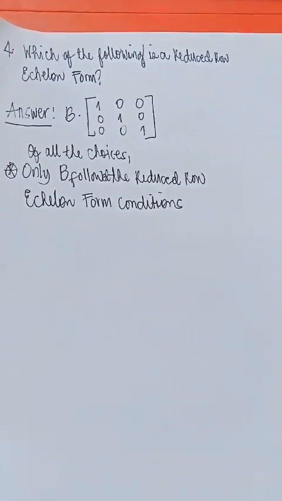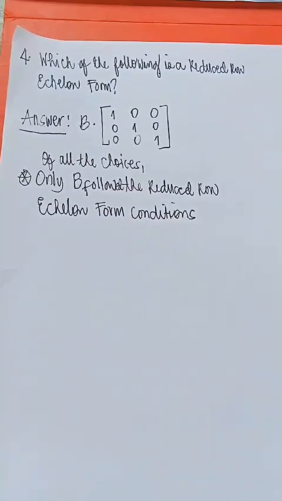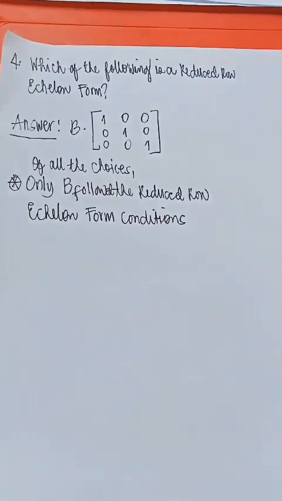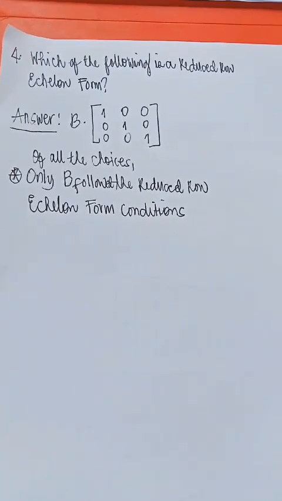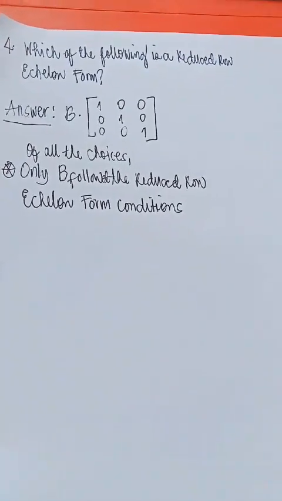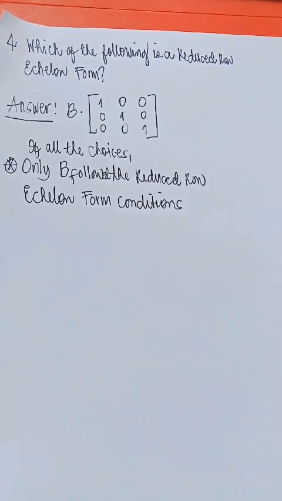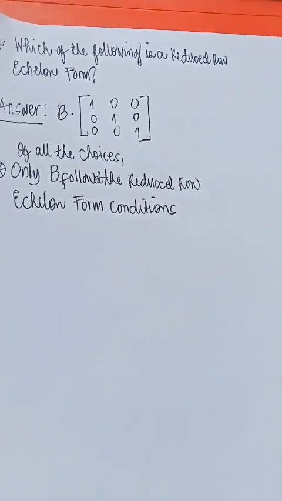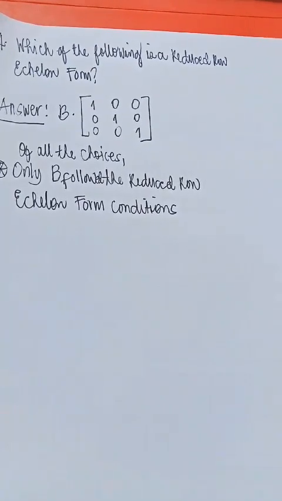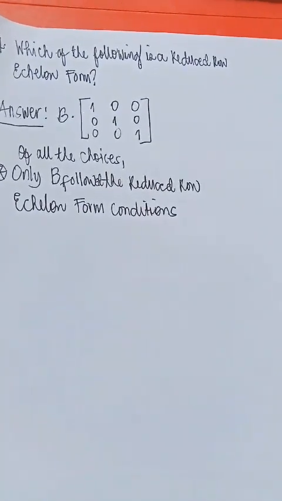So the conditions for why letter B is my answer are: first, all non-zero rows are above any rows of all zeros. Second, each leading entry of a row is in a column to the right of the leading entry of the row above it.